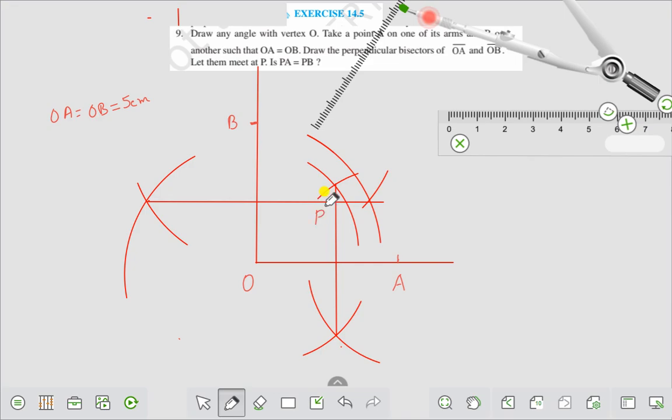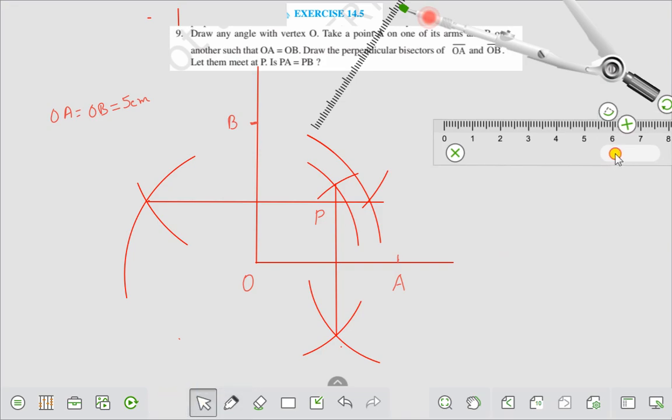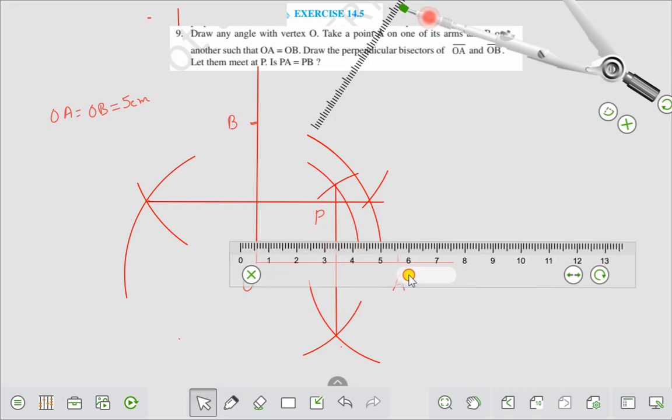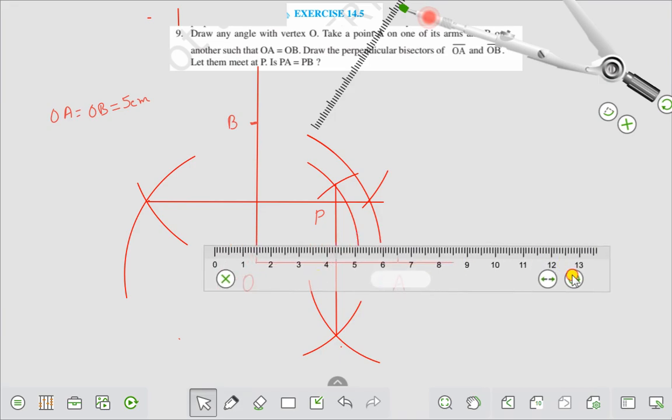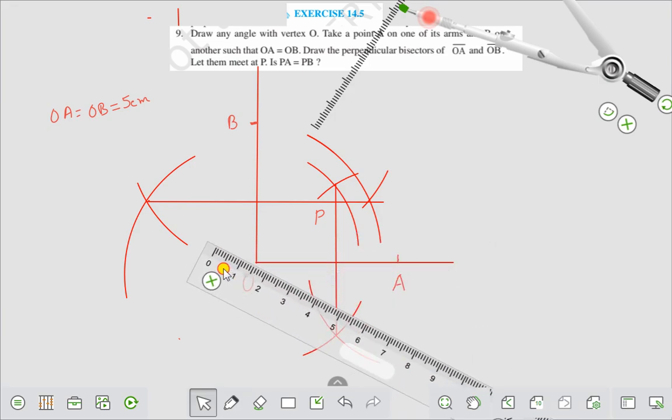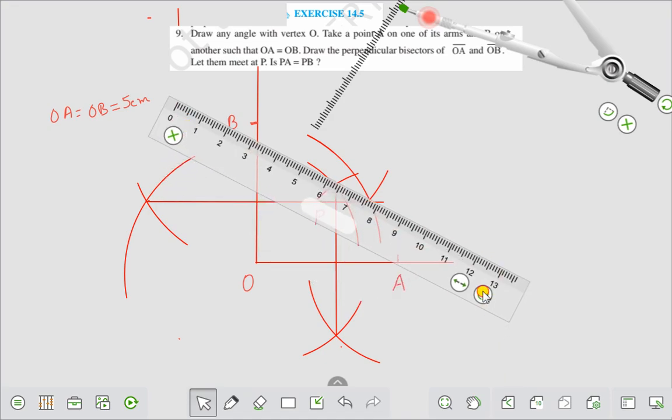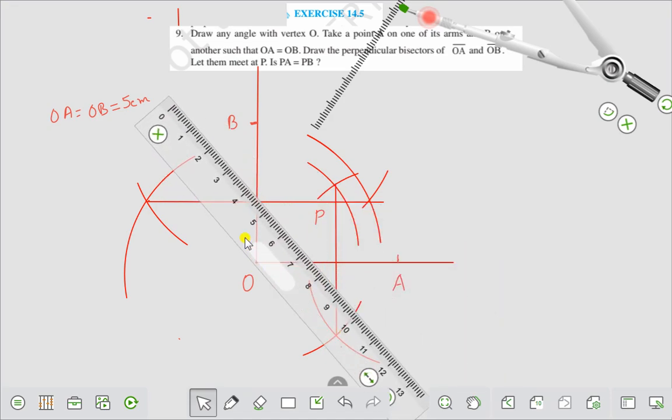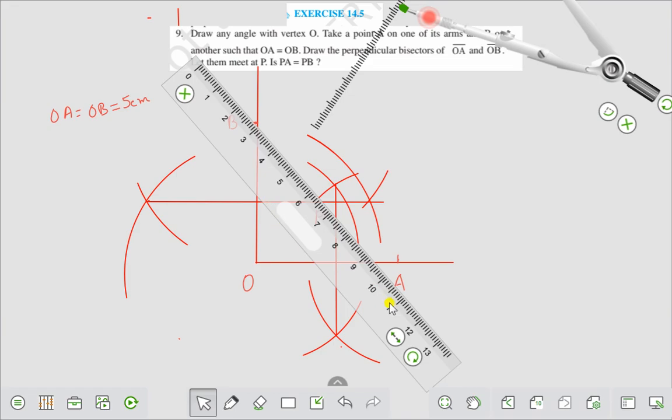Now draw the lines PA and PB. Draw this line as PA and PB.